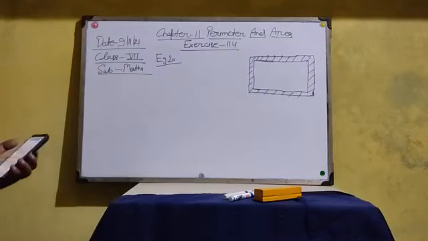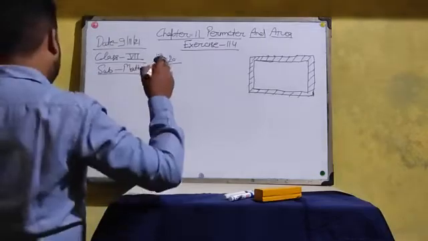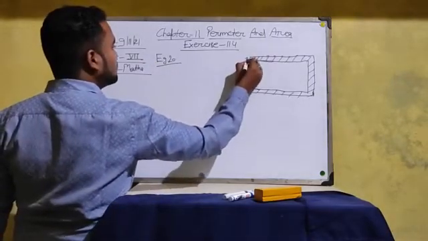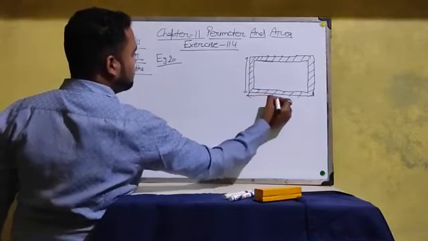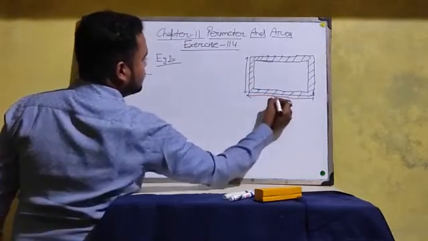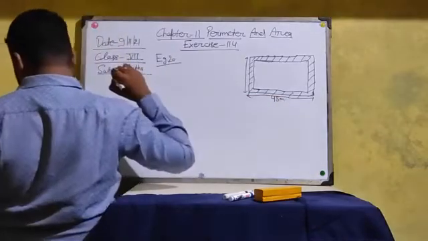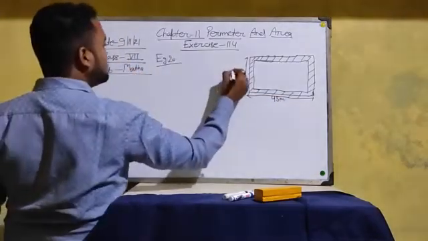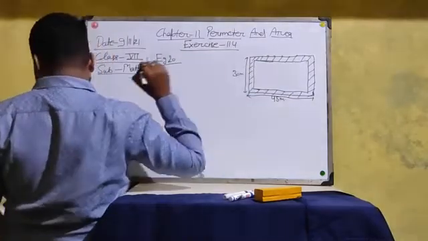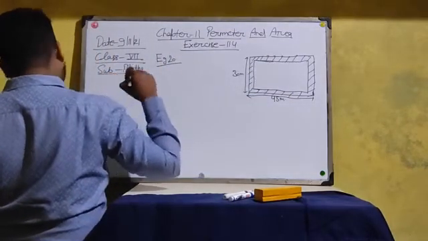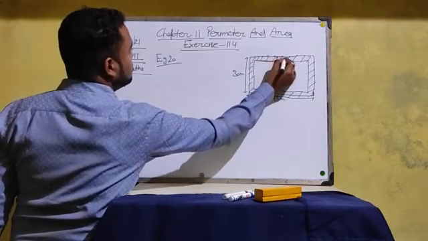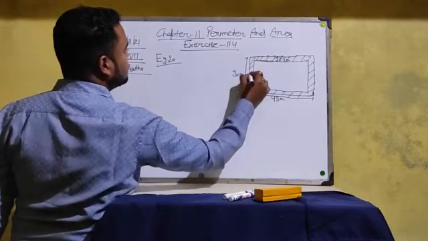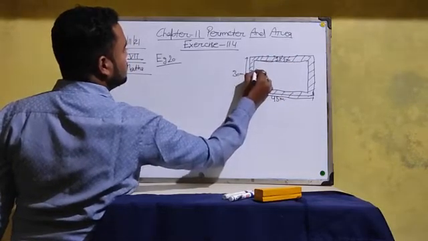So what is the question? A rectangular park is 45 meter long and 30 meter wide, and a path of 2.5 meter width runs all over the park.